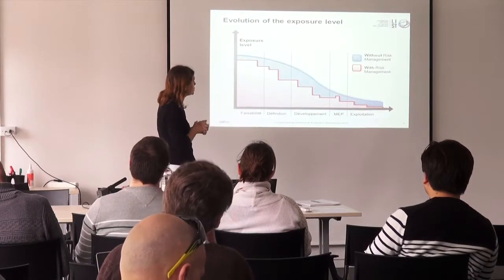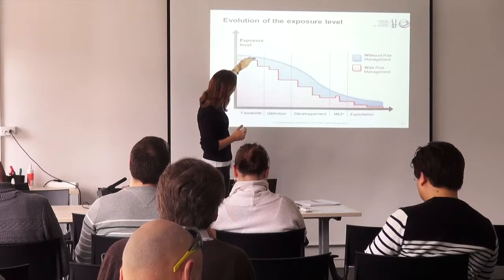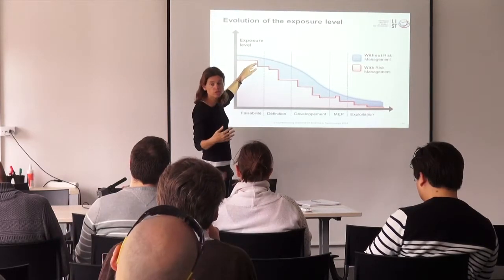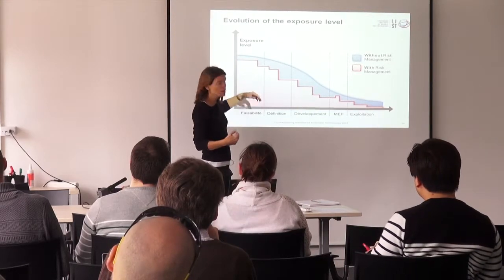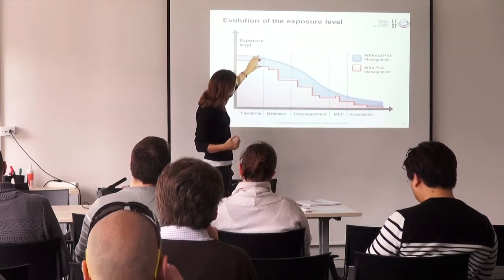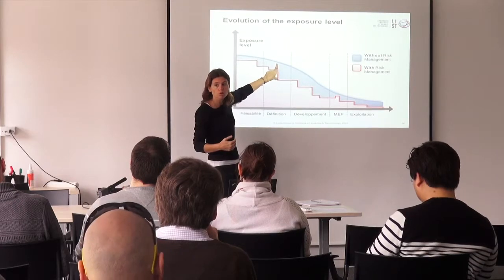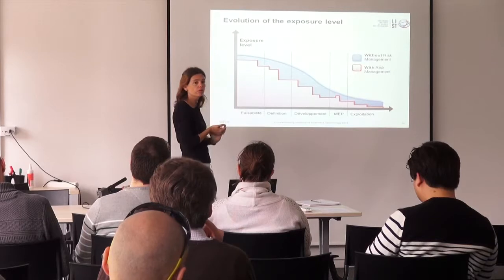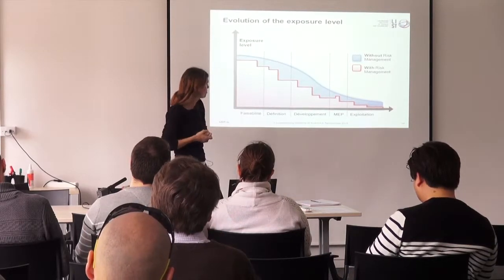If you do some risk management, what you try to do is at every step, at every phase, analyze the situation, take some actions, assess your risks, so that overall your exposure is always a little bit lower, or sometimes even a lot lower than the natural exposure you would have without doing anything.